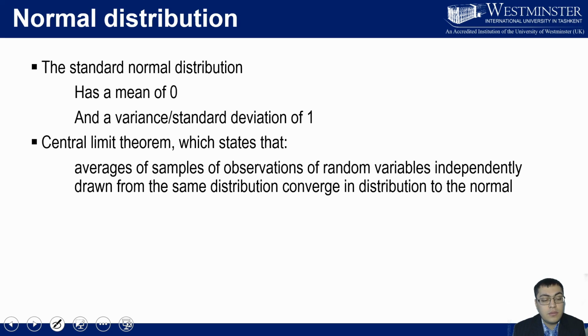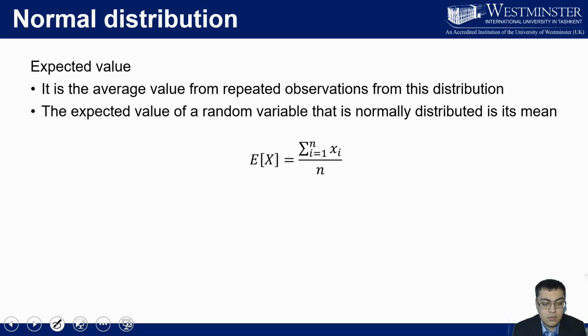Lastly, one of the reasons for the popularity of the normal distribution is the central limit theorem, which states that averages of a series of samples drawn from any other distribution... So the dataset itself does not have to be normally distributed, but if we are talking about, for example, its mean, then the central limit theorem says the mean of this dataset.